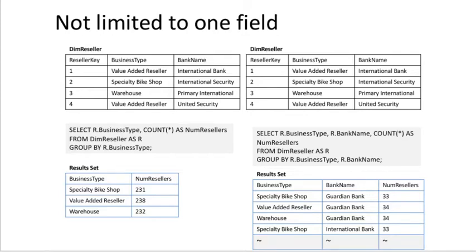The group by is not limited to one field. Again, on the left side, this is the example from the last slide with just one field in the group by. And on the right side, we introduce two different columns in the group by. The second column is bank name.